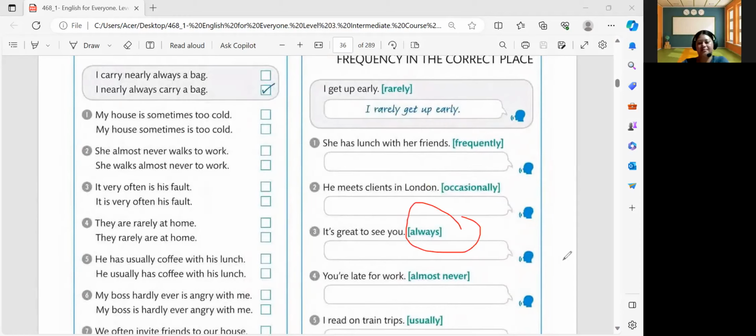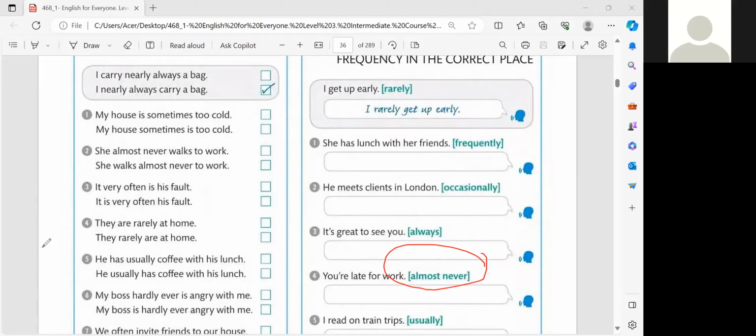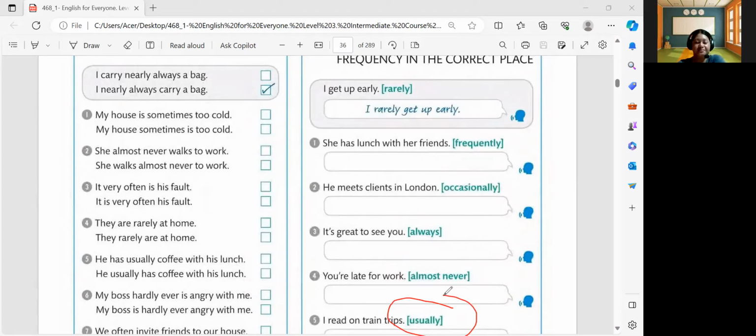Always. I always get up early. Exactly. How about almost never? I almost never go to school by plane. Okay, last one, usually. I usually do my homework. Very good. How about nearly always?